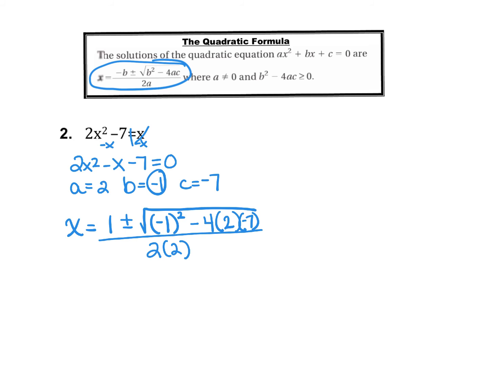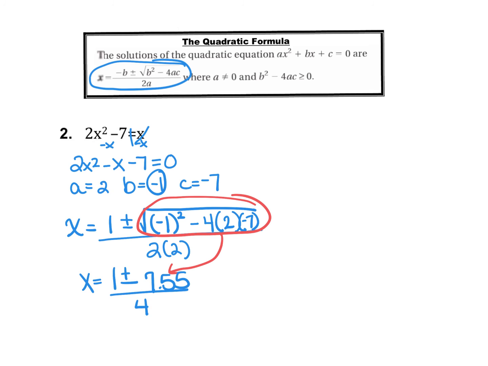All right, so now let's simplify it. I have x is equal to 1 plus or minus, and again, remember you're plugging this whole piece right here into the calculator, and then we're just going to bring that on down here. When you enter that into the calculator, you'll get 7.55, and then we're going to divide that by 4.